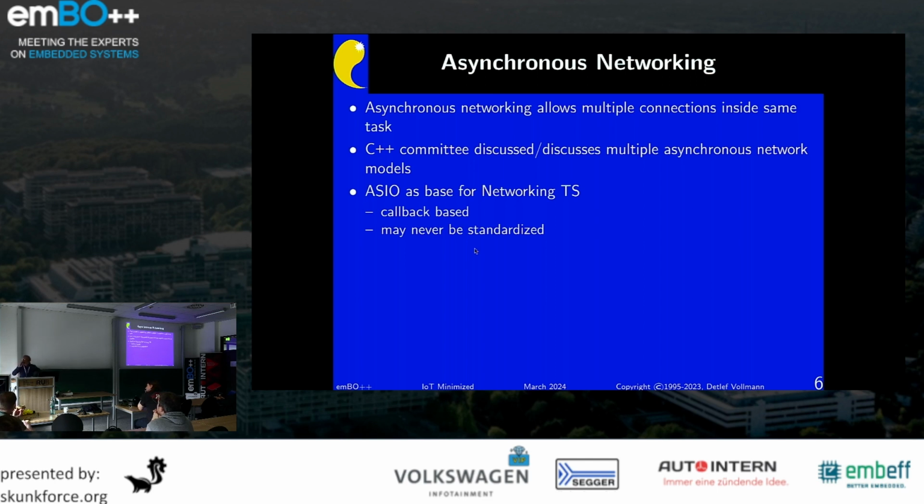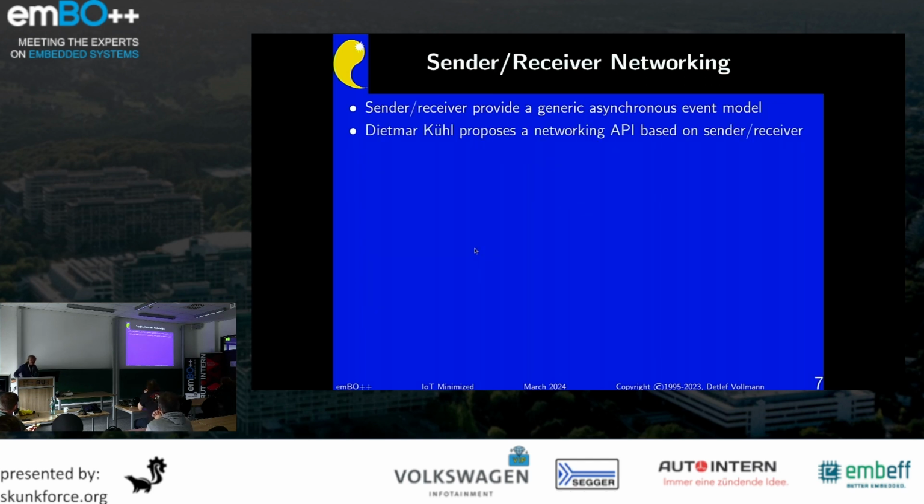However, sorry, it looks like this will not be standardized. There are still some chances that it will be standardized as an option, but the main thing that is currently discussed is not based on ASIO, but is based on so-called sender receivers. And that is what I talked about last year.